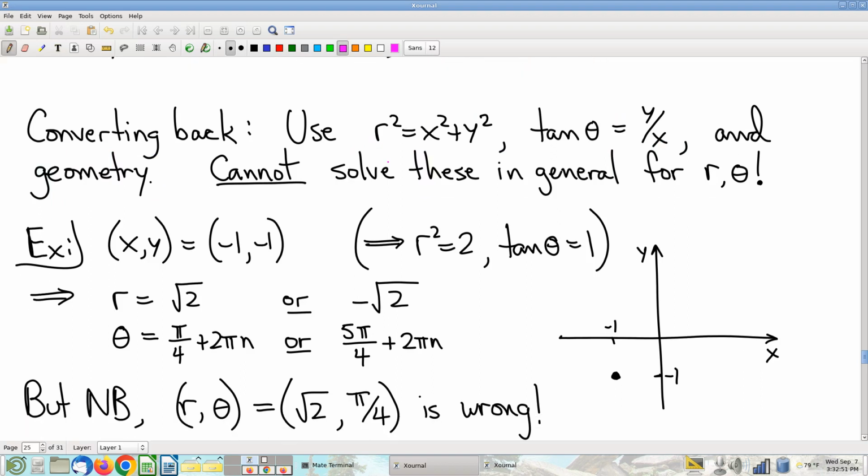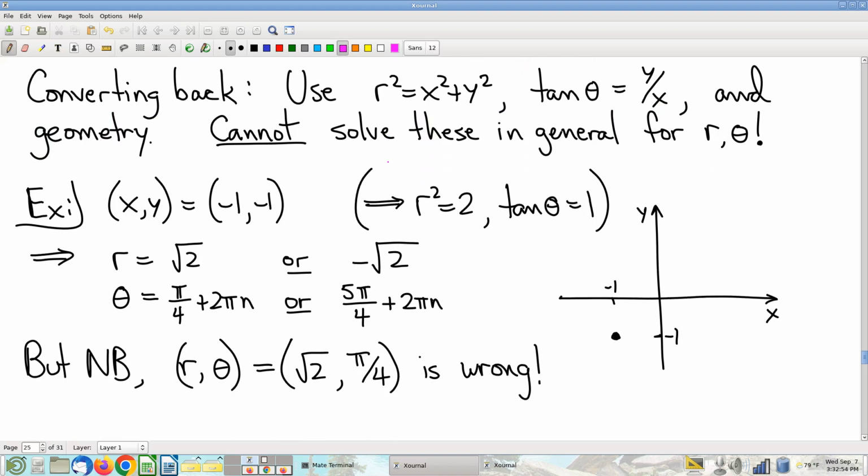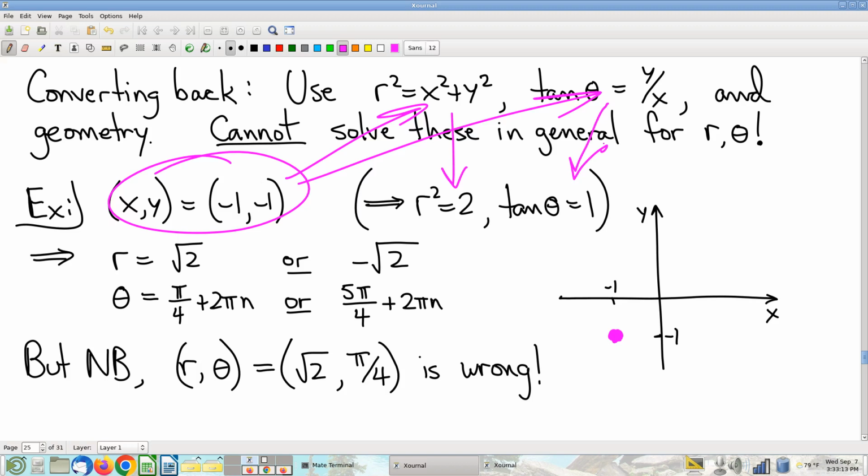So here's my example. Let's think about this point right here, -1, there it is. And let's think about the polar coordinates for that point. Now, you can take this and plug it into these formulas, and what comes out is that r squared is 2, and tan theta is 1.